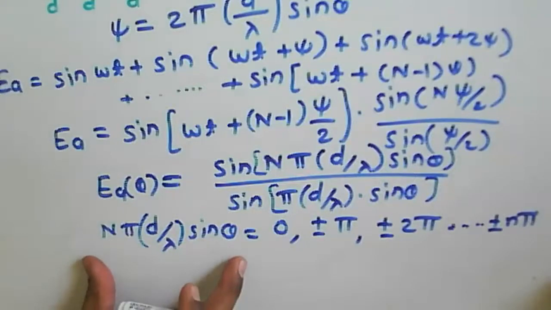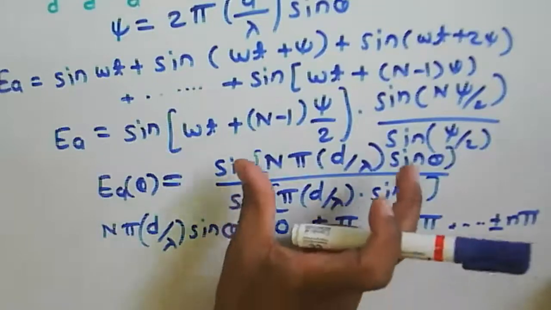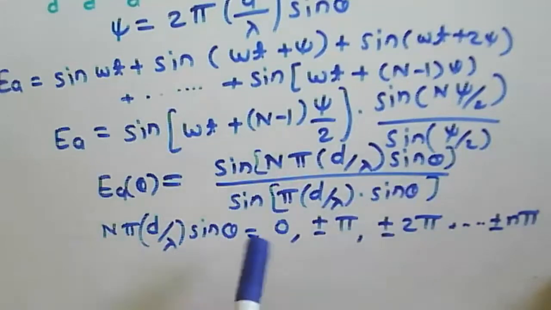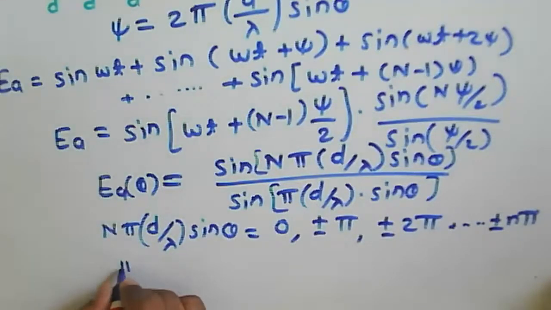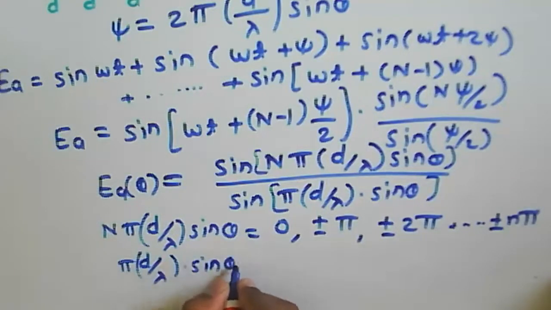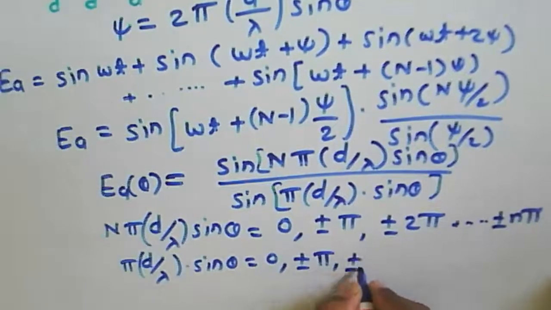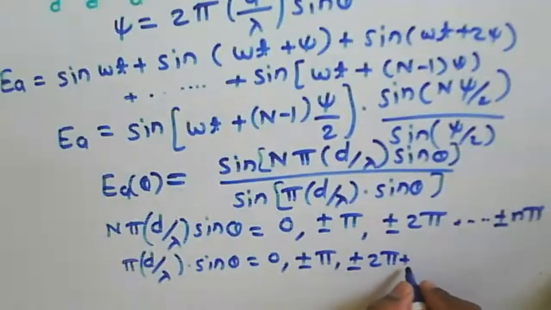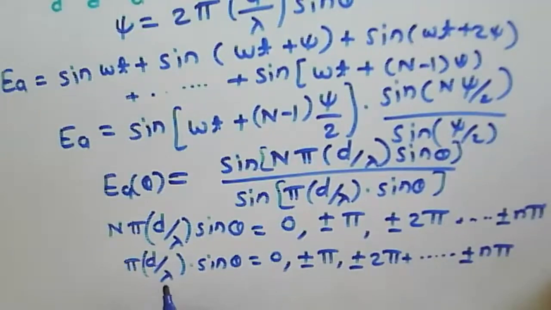Okay, if we consider this term to be 0, sine of 0 is 0, so this numerator term will be 0. Or in another way, the denominator term is 0 when pi d by lambda sine of theta is 0, plus or minus pi, plus or minus twice pi, plus or minus n pi, so that this particular term will be 0 here.